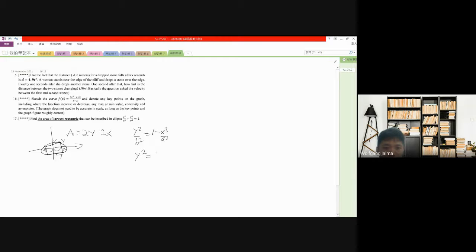y squared equals b squared minus b squared x squared over a squared. So we have here A equals 4 times x times the square root of b squared minus b squared x squared over a squared, or 4b x square root of 1 minus x squared over a squared.